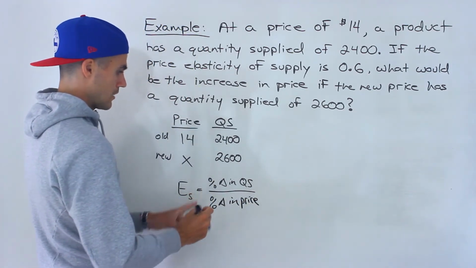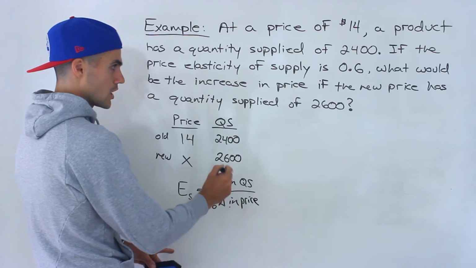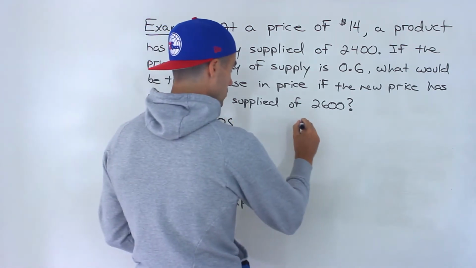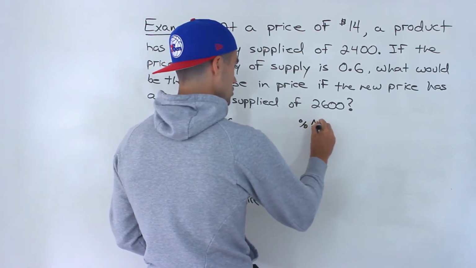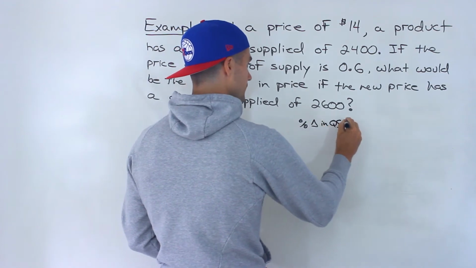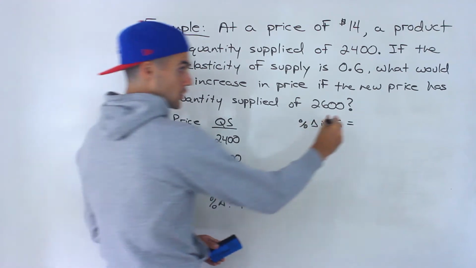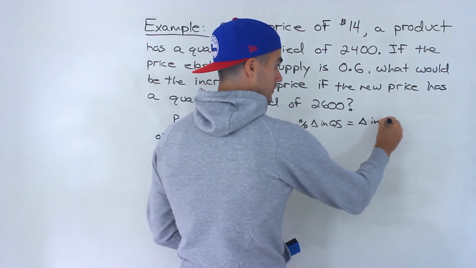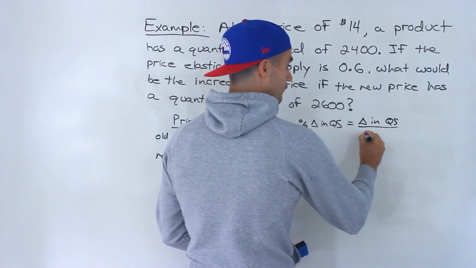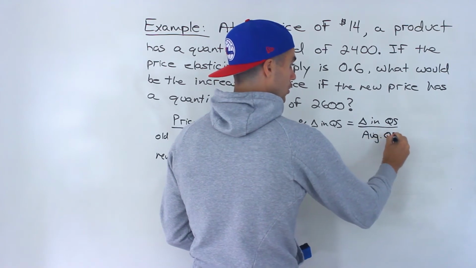And for now I'm going to just work with the numerator and denominator on the side. So the percentage change in quantity supplied, what's that equal to? It's equal to the change in quantity supplied over the average quantity supplied.